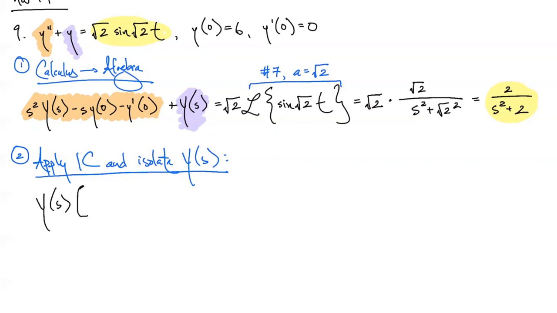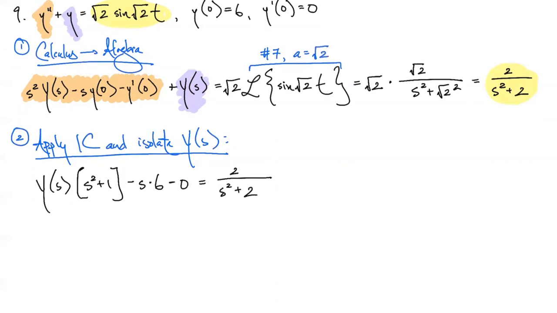Good, yeah, because we have an s squared uppercase Y of s plus a 1 Y of s, right? So once we factor that out, we get s squared plus 1. Then minus s times, instead of y of 0, I'm going to do times 6. Minus, instead of y prime of 0, I'm going to go ahead and put in a 0. Right? So equals 2 over s squared plus 2.